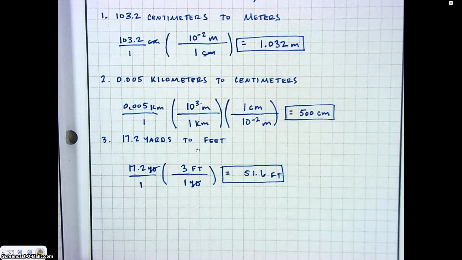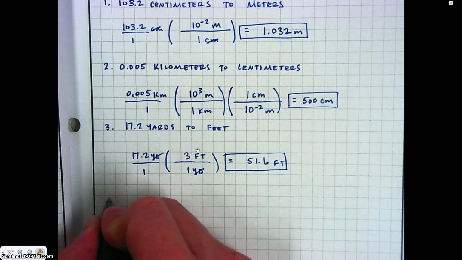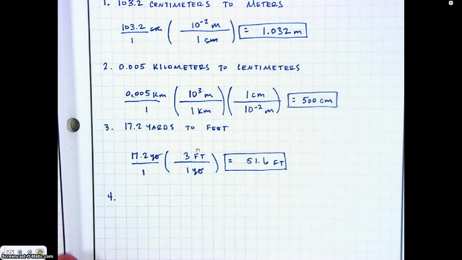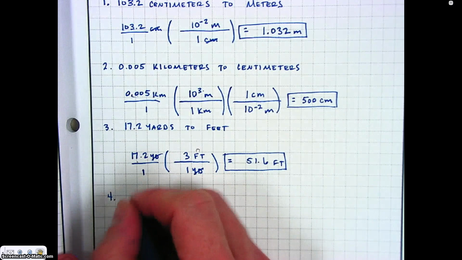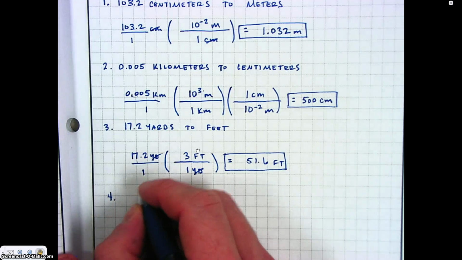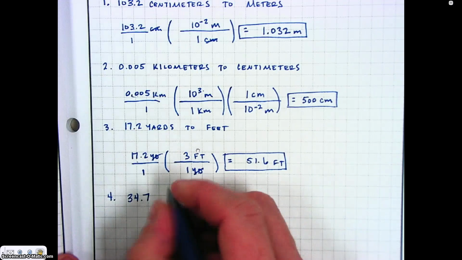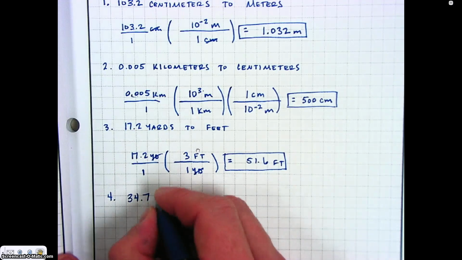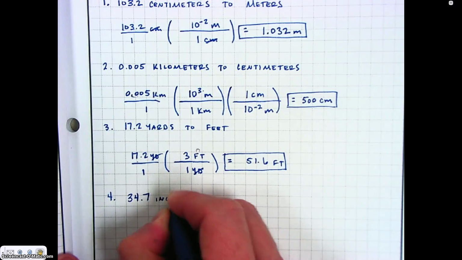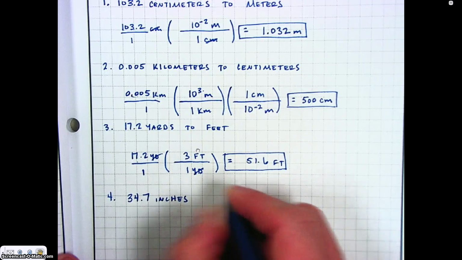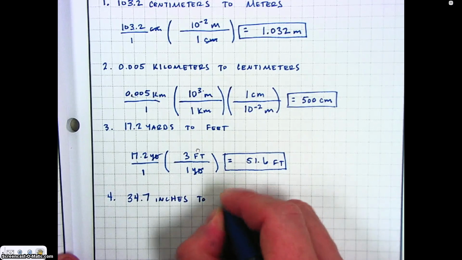Our last example is going to be converting between units of the US and the international system. We have 34.7 inches, and we're going to want to convert that to centimeters.